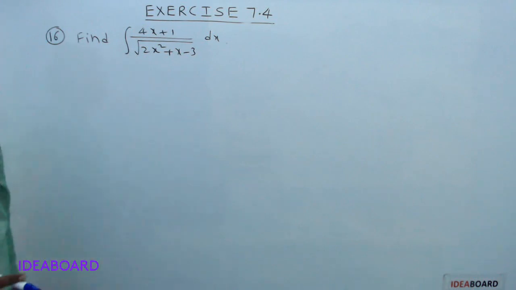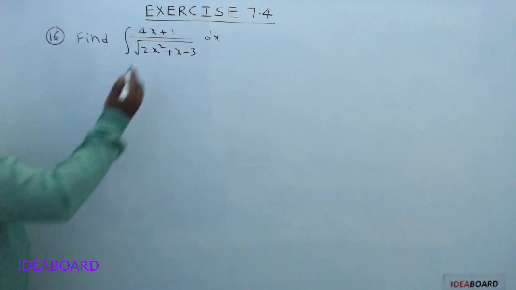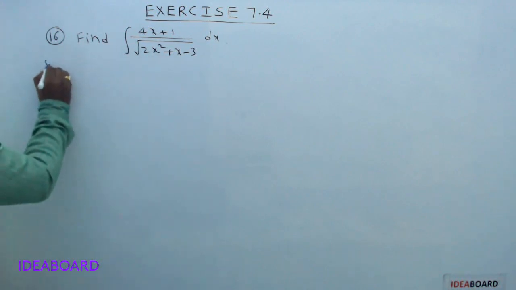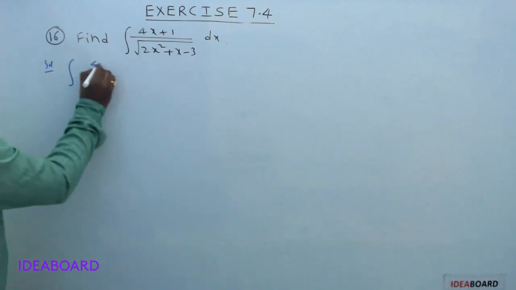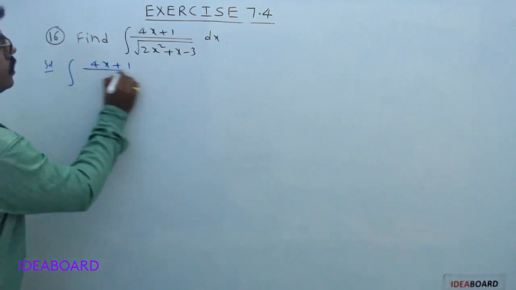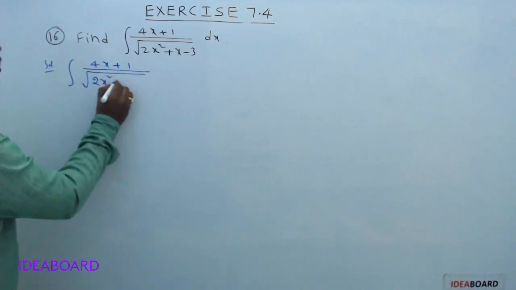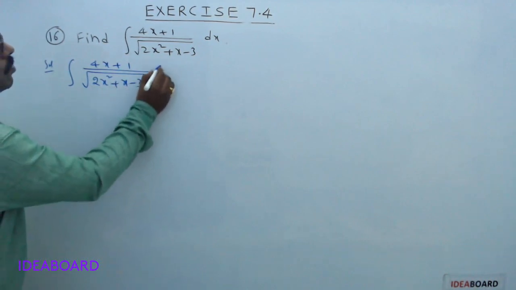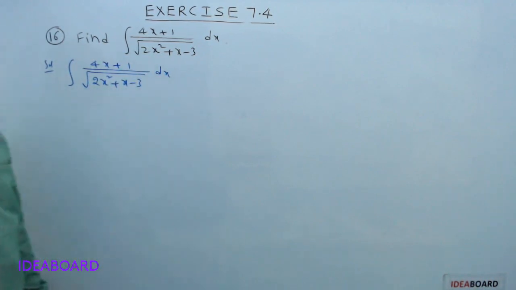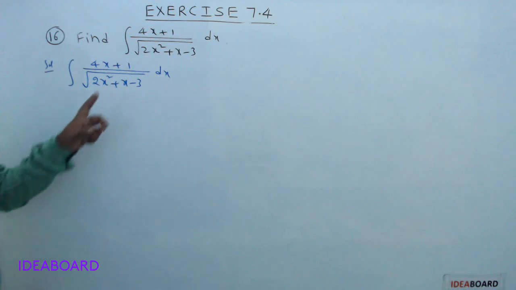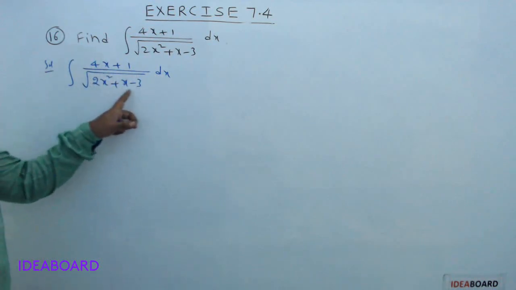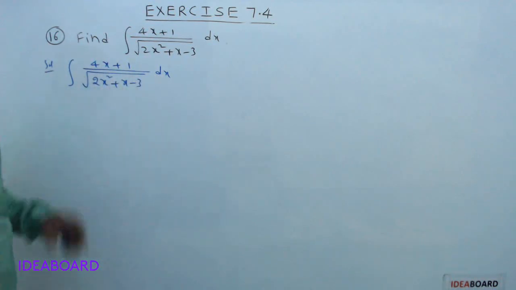First see the substitution method. First write down the given question. Integral 4x plus 1 divided by square root of 2x square plus x minus 3 dx. Now take the substitution: 2x square plus x minus 3 is t.